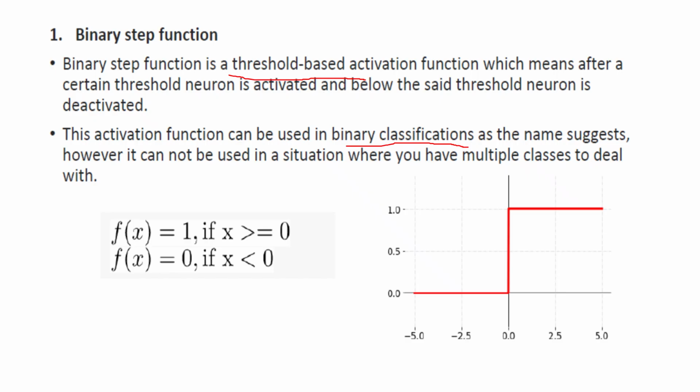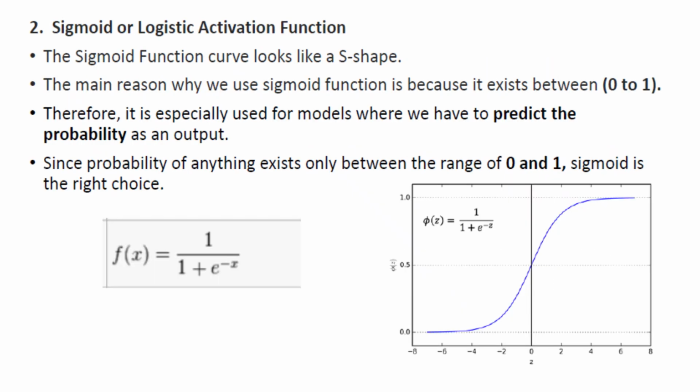Suppose you are getting a value like 50, the output will be predicted as 1. If the weighted sum is a negative value, say minus 10, then the value will be 0. For any value that you give, the output will be either 1 or 0. That is why it is known as the binary step function. It cannot be used in conditions where you have multiple classes. It can be used for binary classification problems only. In the graph you can see the 1 and 0 values given.